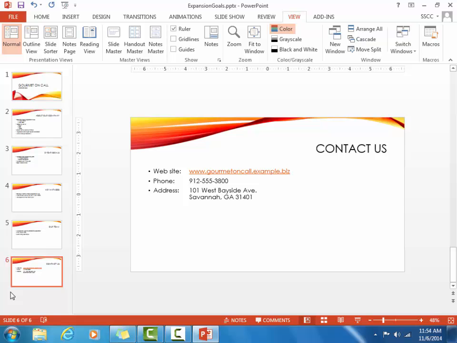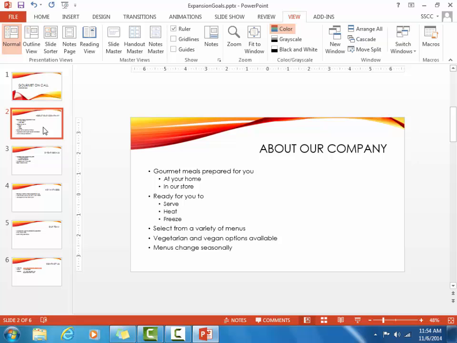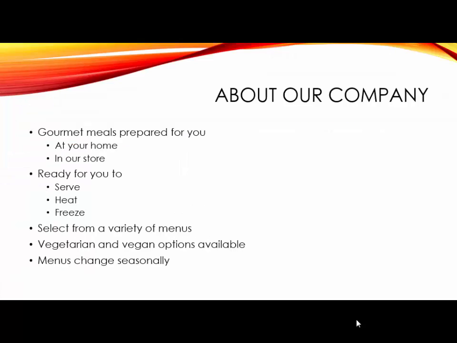So, presenter view, display slide 2. On the status bar, click the slideshow button right here. Clicking the button starts the slideshow from the current slide, so slide 2 appears in your slideshow.